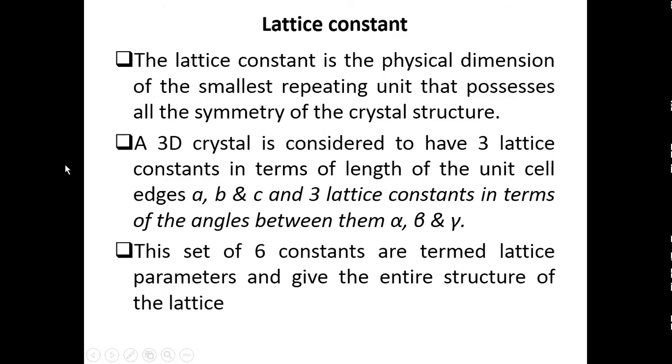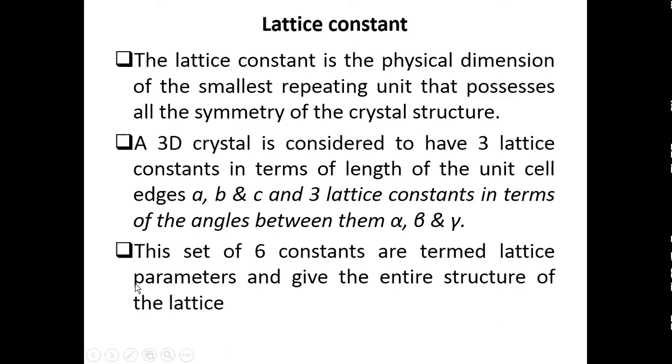I just told you now. The three in terms of the length of the unit cell, that is a cubic unit cell, which has three dimensions, isn't it? So, these are three lattice constants. Apart from that, there are three more lattice constants in terms of the angles between these three unit cell lengths. This set of six constants is termed the lattice parameters and gives the entire structure of the lattice.